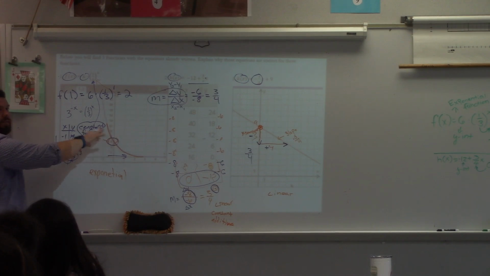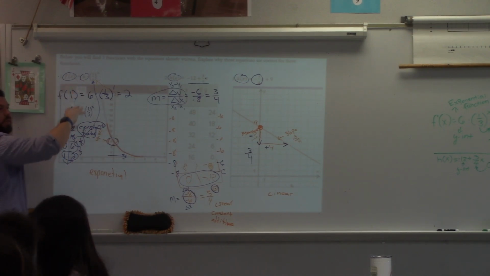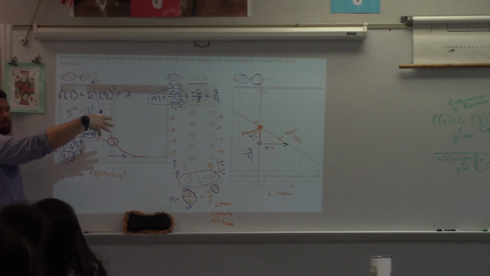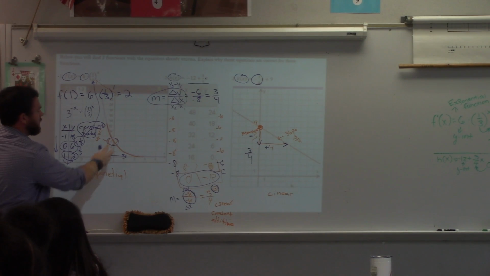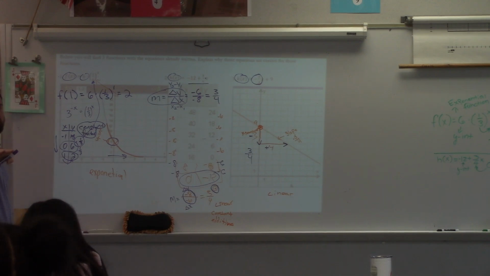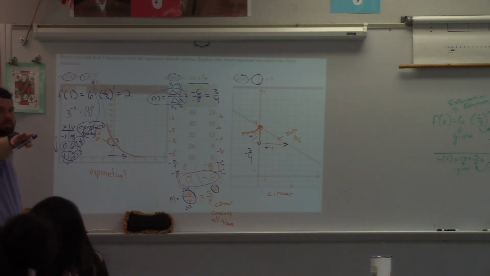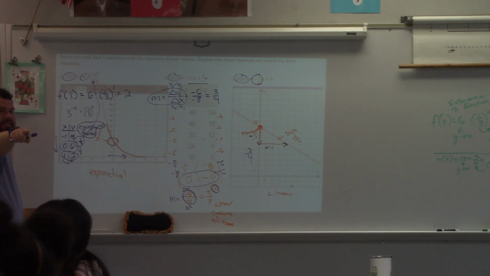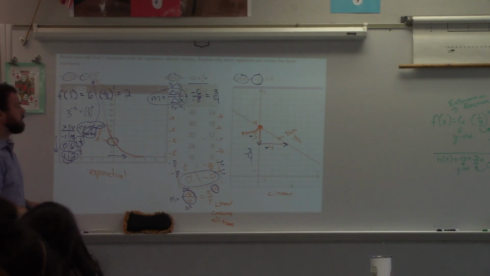Whether it's a graph, a table, or an equation, the same inputs map to the same outputs. Miles, what's that called when the same inputs are mapping to the same outputs? Remember, it's 3 different representations. They look different, but they're telling the same story. There's an E word. The one I asked you about earlier. Equivalent, right? Same inputs are mapping to the same outputs.